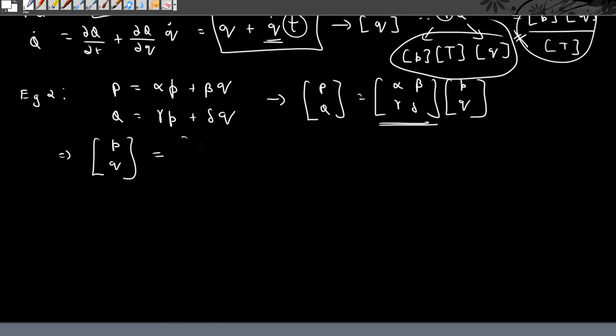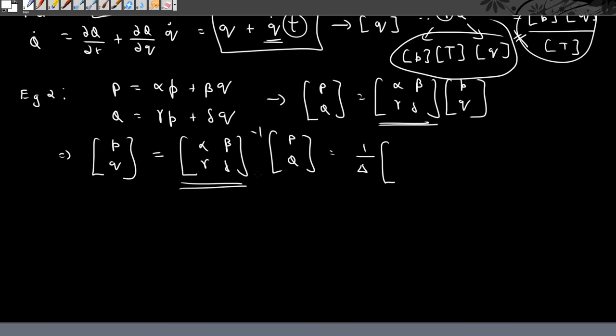So our (p, q) will be written as the inverse of the matrix (alpha, beta; gamma, delta) times (P, Q), which we know is equal to 1 by the determinant. Here delta is nothing but the determinant, times the adjoint, the transpose of the cofactor matrix, which will be equal to (delta, minus beta; minus gamma, alpha) times (P, Q).